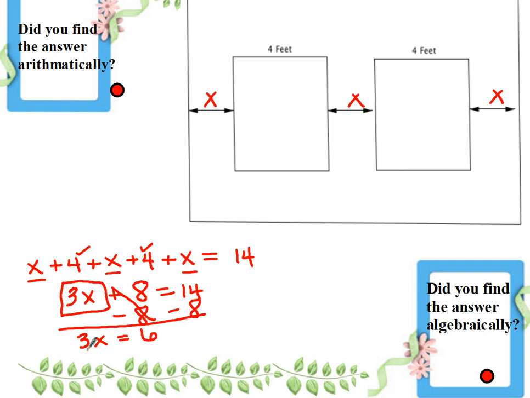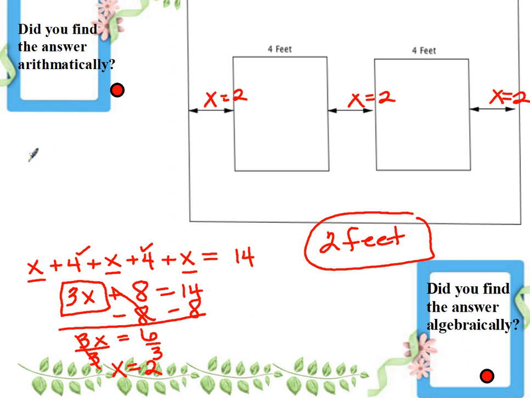So what is the inverse operation? Awesome. Divide by 3 on the left side. Divide by 3 on the right side, so x would equal 2. So we know that each one of these is 2. So the answer, because the question said how far was in between, the answer would be 2 feet.